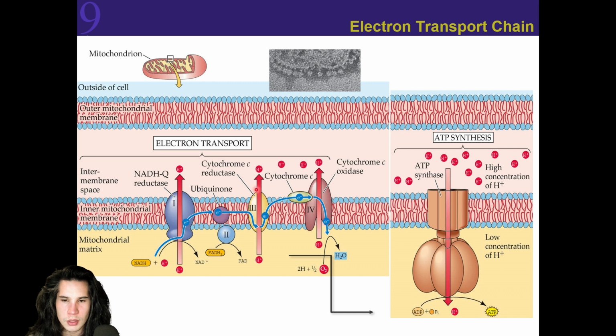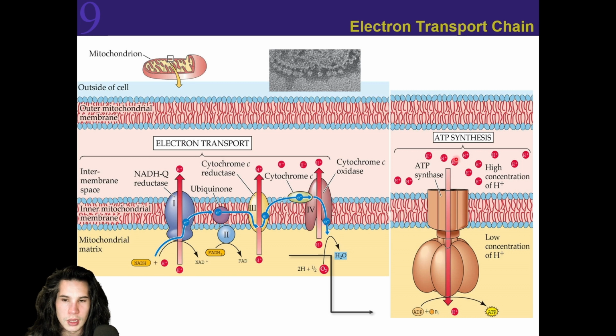All of these hydrogens build up. That's a form of potential energy, because all of these hydrogens really want to make it back into the matrix, but they can't, because you have this membrane in the way. Now what we have here is an enzyme called ATP synthase, and what it does, kind of like a dam, is you let a little bit of hydrogen trickle through.